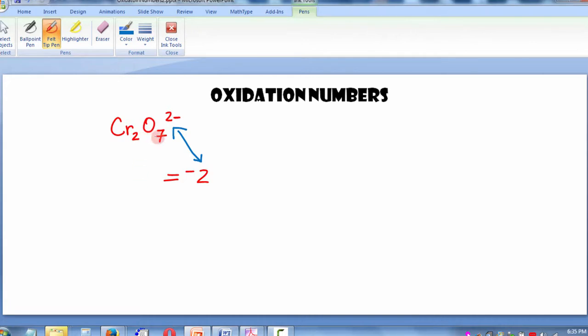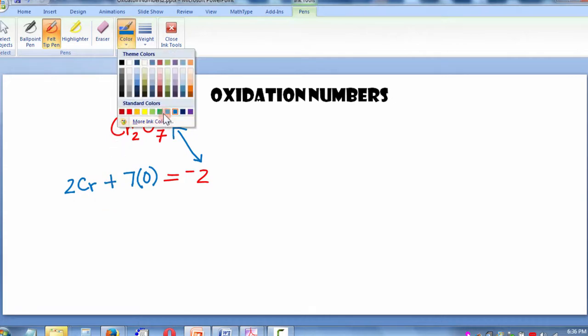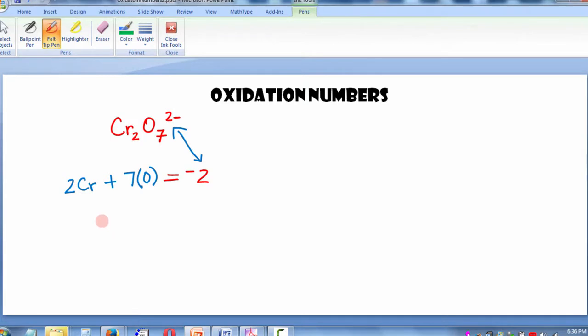Now we have oxygen. We have 7 oxygens and we have 2 chromium. Okay, so now we must solve this equation. Well, we don't know the oxidation state of chromium, but we do know the oxidation state of oxygen.